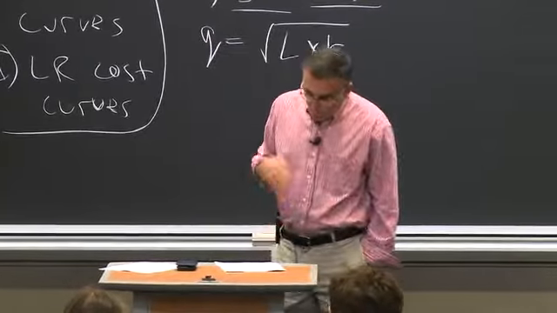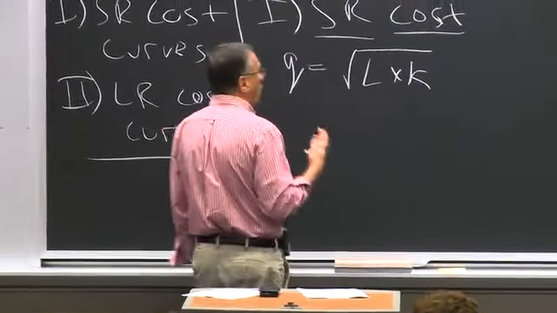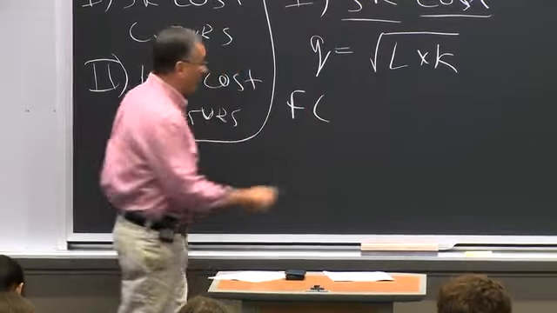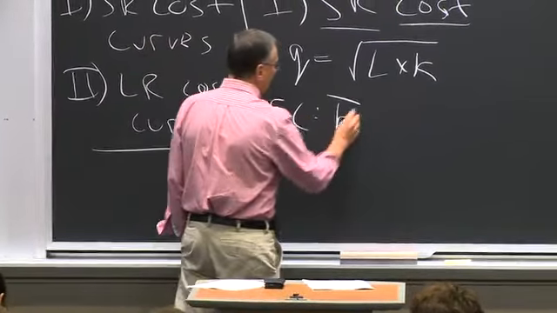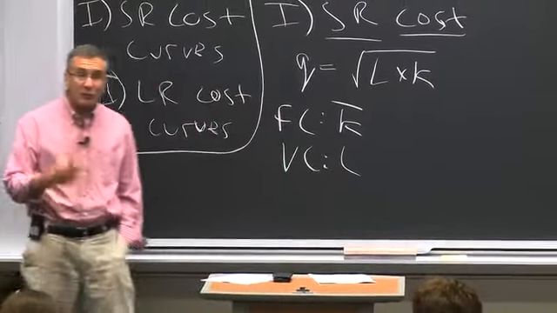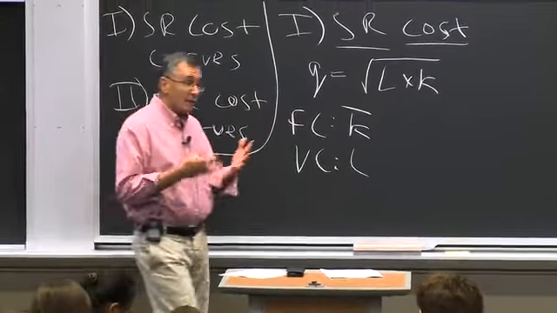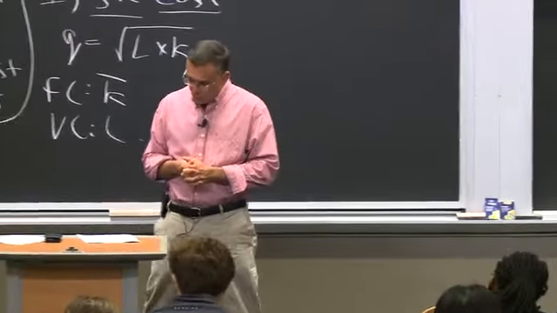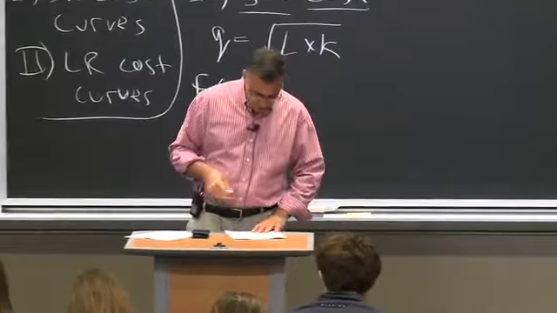Okay? So in the short run, we're going to have two kinds of costs. We're going to have fixed costs, which come from a fixed level of capital. They're fixed because in the short run you can't change the level of capital. And we're going to have variable costs, which are the costs of our labor.